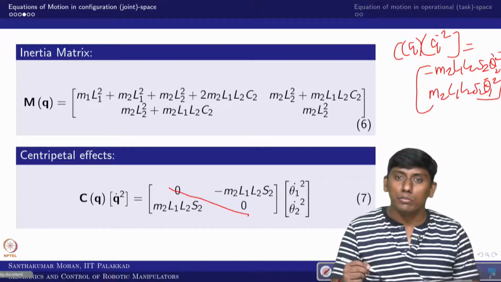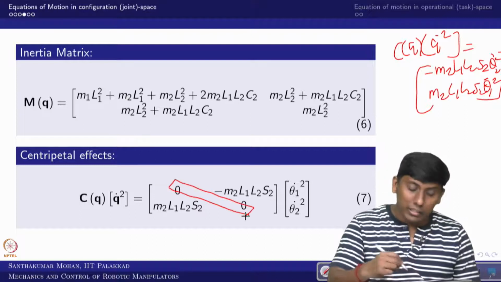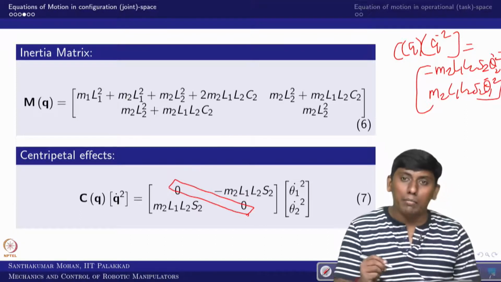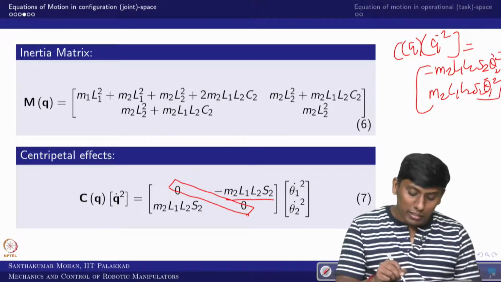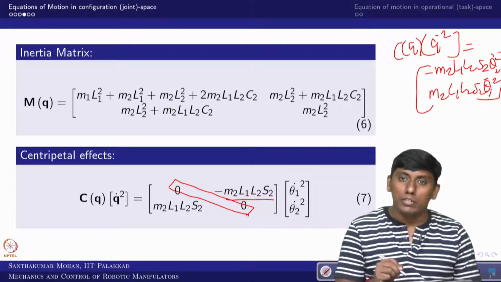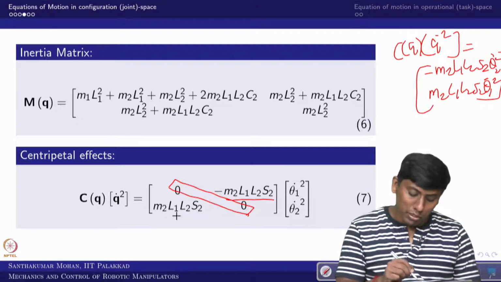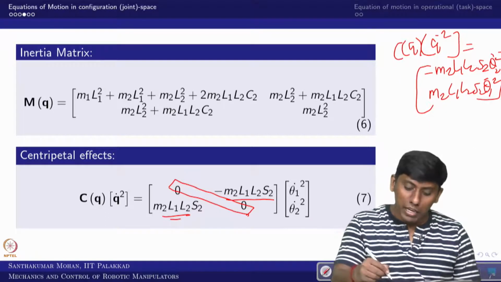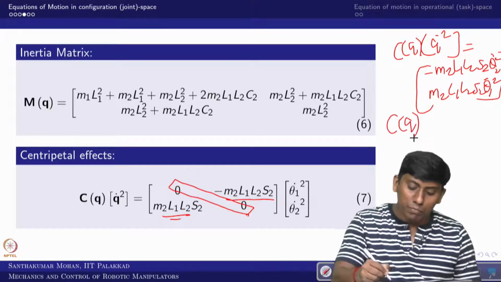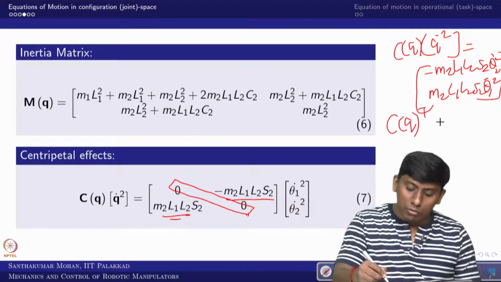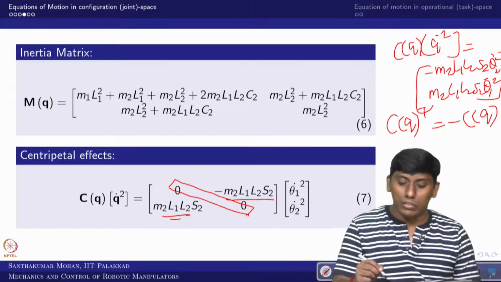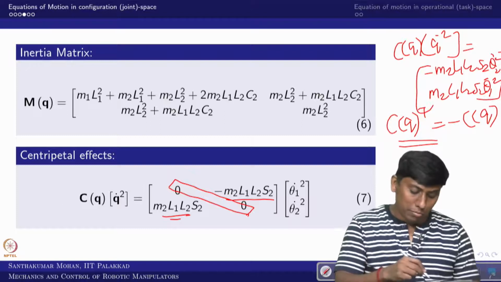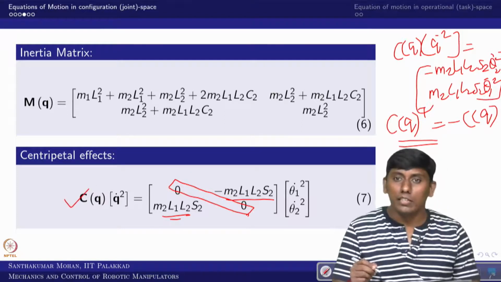This is matching with the first criterion of skew symmetry, and the off-diagonal term is just the conjugate of the other. So this is minus m2 L1 L2 S2, but here you can see the opposite. In the sense, if you take a transpose of C of q, it would be minus C of q, right? That is matching, in the sense this is a skew symmetric matrix. You have seen that, right?